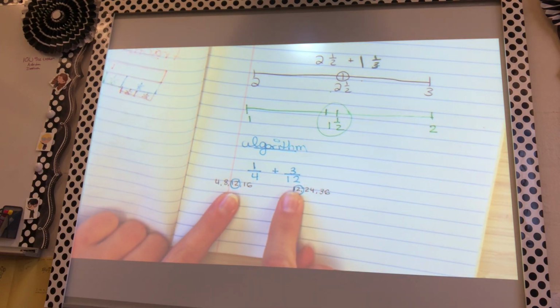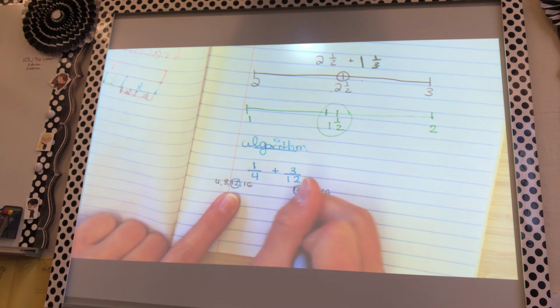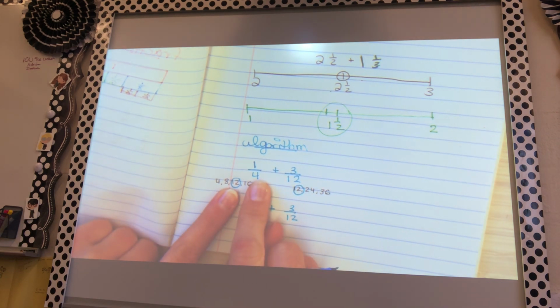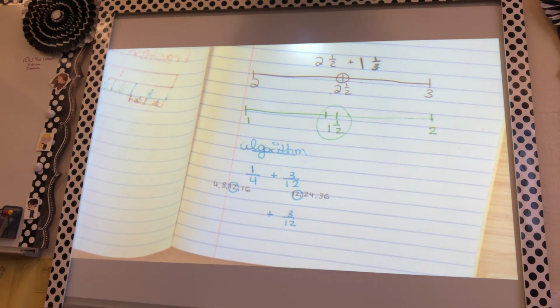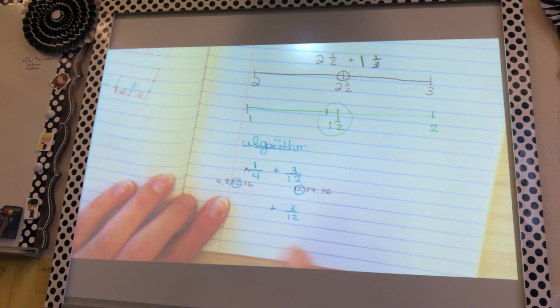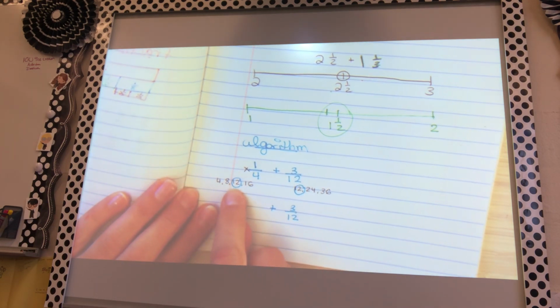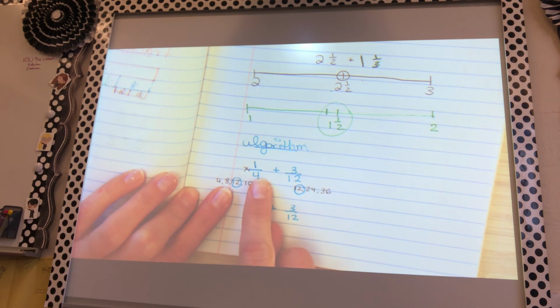Well, 3/12 is already in 12ths, so I'm just going to leave that the same. And then to make 1/4 an equivalent fraction in 12ths, I need to multiply by 1/2. So I have to think, what fraction could I use? Well, I know that 1, 2, 3, 3 times 4 equals 12.